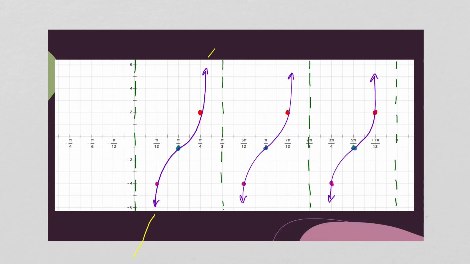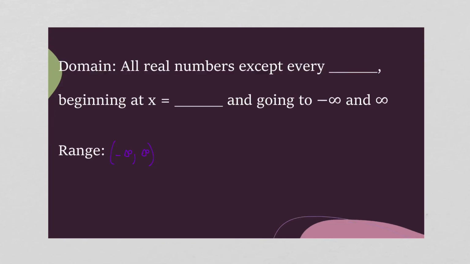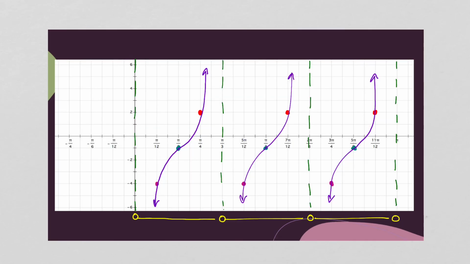This will keep going up and out, okay? So all these values except for the asymptotes are being accounted for in the domain. So that's why I've got it written here kind of weird like.